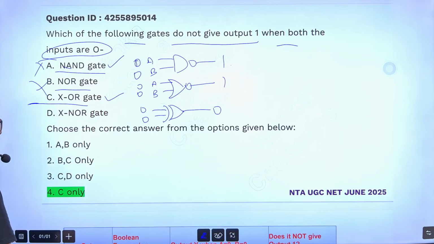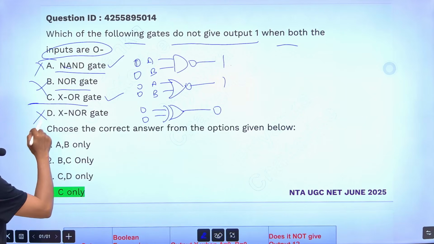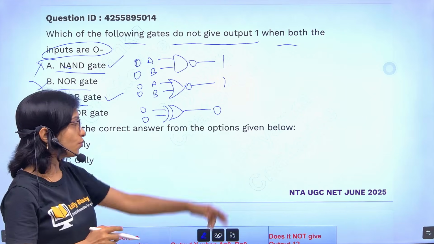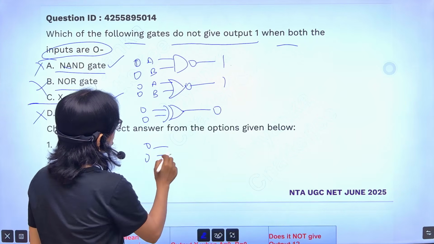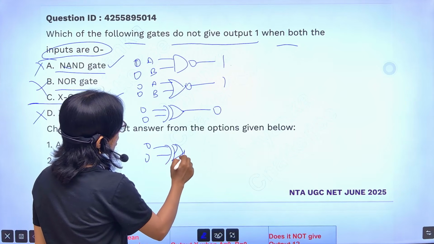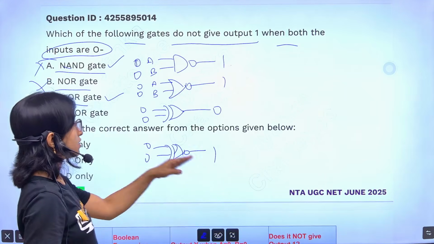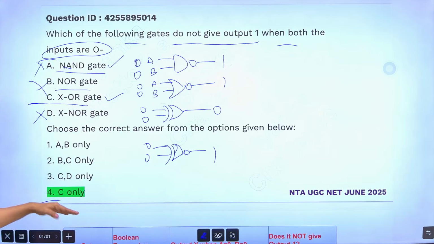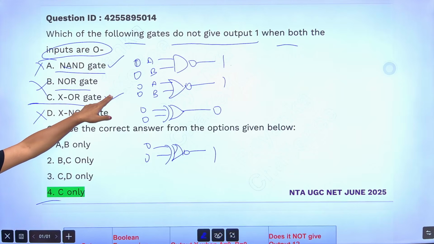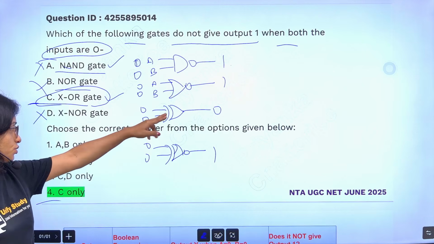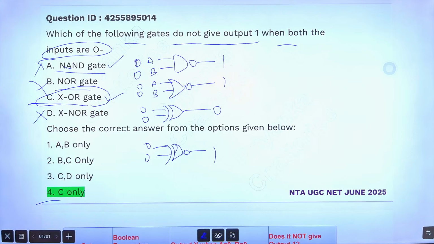That's why this is your answer. XNOR, with same inputs it will give you 1. Whenever I am doing XNOR, it will give you 1. Option C is definitely your answer, because only XOR will give you 0. Other than that, everyone will give you 1.